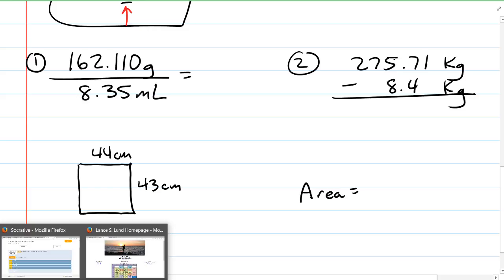Be working on the next two. Correct number of significant figures.